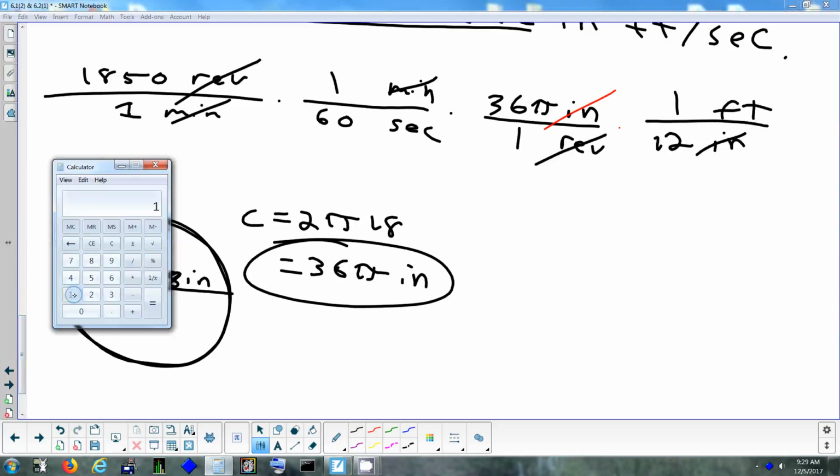Okay, now just multiply straight across. 1850 times 36 times, if you use that many decimals for pi, you're good. Times pi, divided by 60 times 12. So divided by 60, divided by 12. Double check me on that, but I think it's 290.6 feet per second.